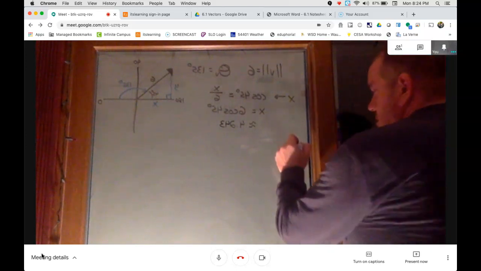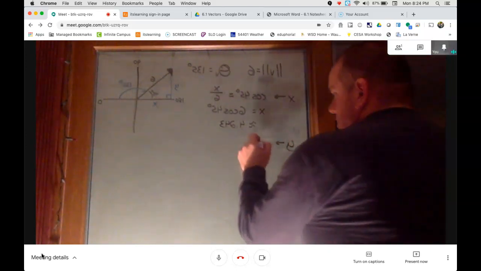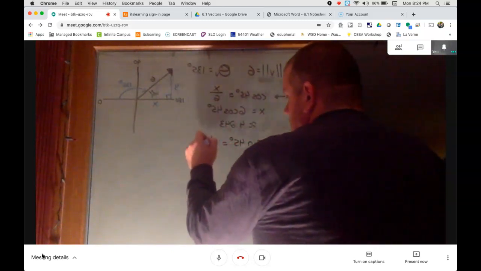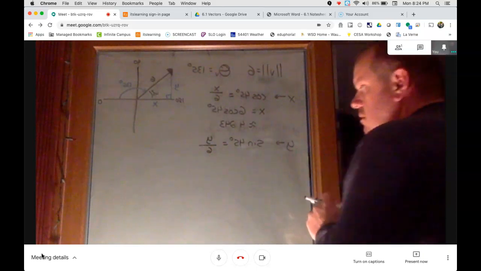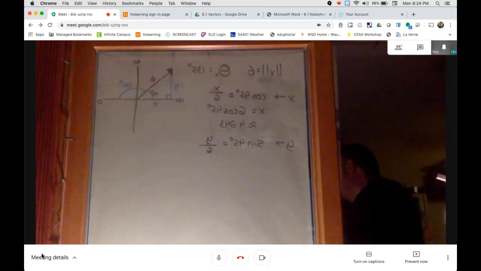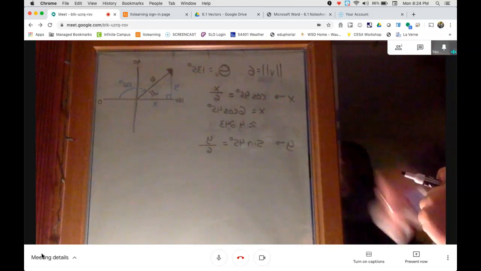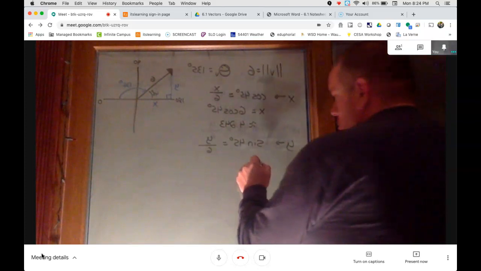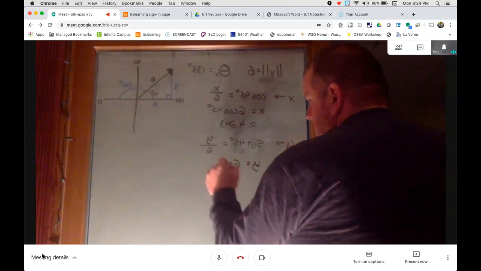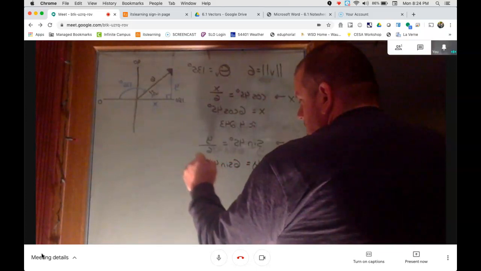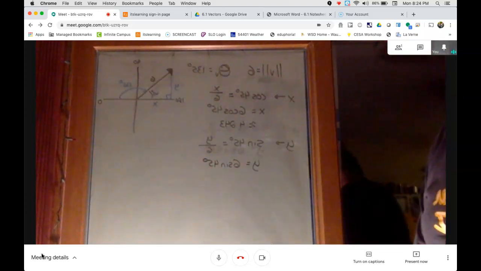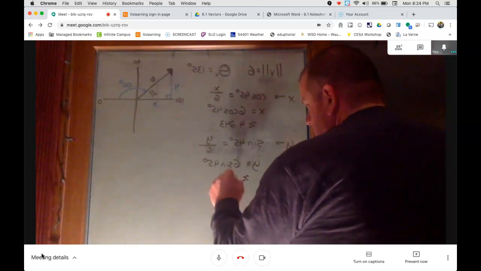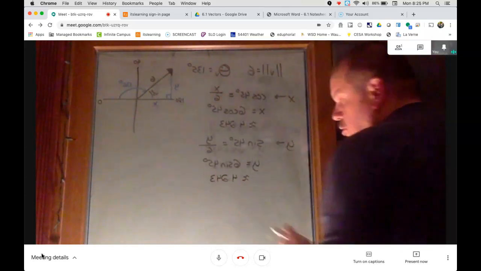Y, then, instead of using cosine, I'm going to use sine. The sine of 45 degrees is now y over 6. So then y here would be equal to 6 times the sine of 45 degrees, which would also approximately be 4.243.